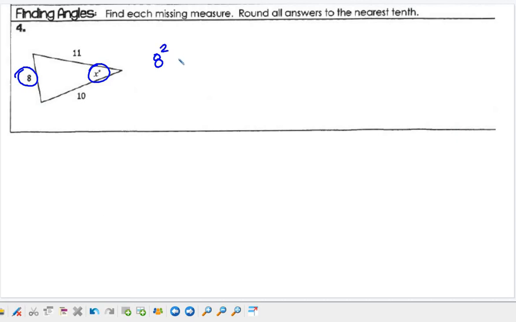Okay, so if I'm looking for this angle, remember this side has to be on the outside. So 8 squared is equal to the other two sides squared minus 2 times the other two sides times cosine of the angle I'm looking for, which in this case is x.